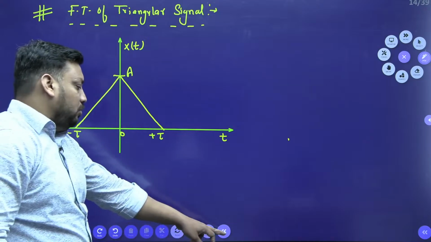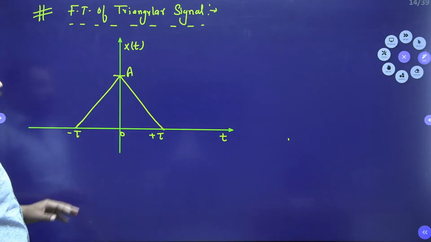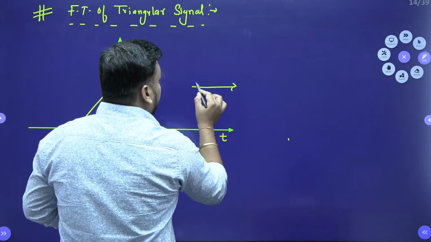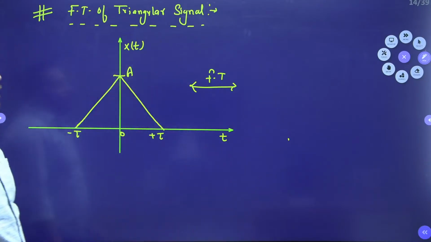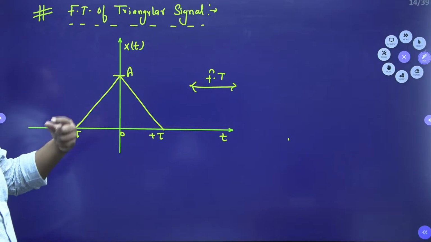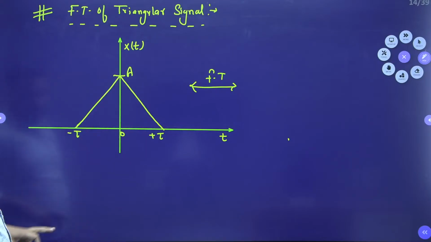I want to find the Fourier transform of this. Again I am using differentiation. I am just differentiating this signal.